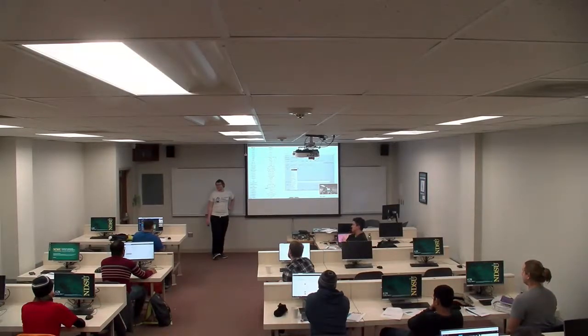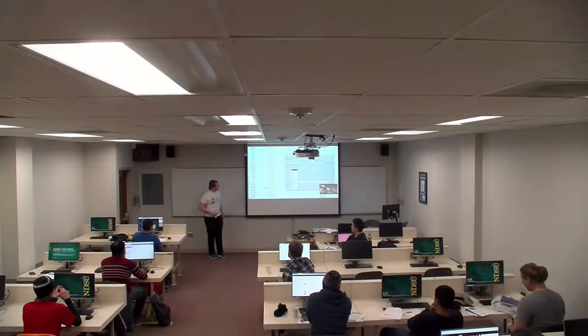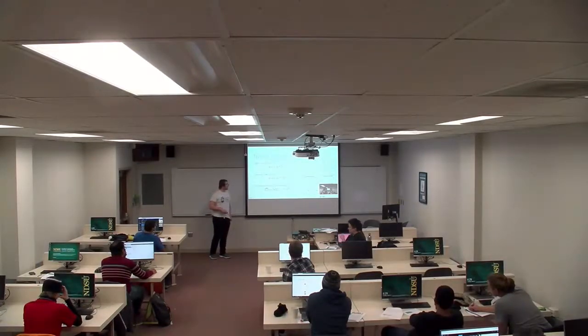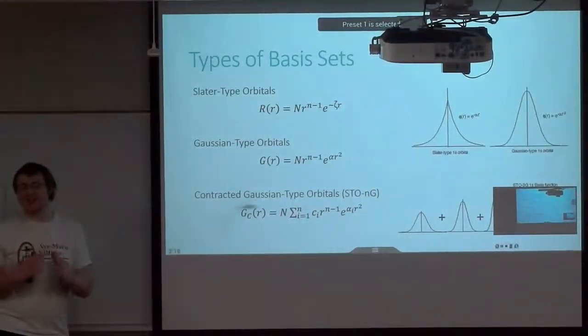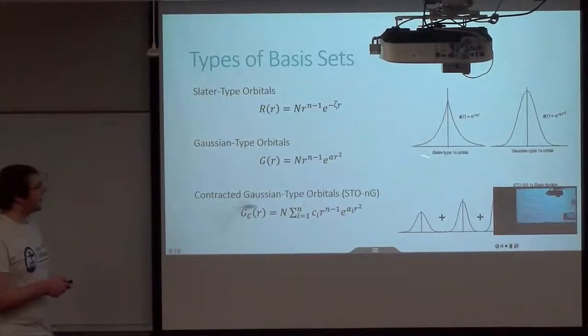So you use like Slater type orbitals for when the electron is close to the nucleus, but then when it gets further out, you use Gaussian. Slater and Gaussian are two different ways of approximating the atomic orbitals that we are going to use to approximate our molecular orbitals.